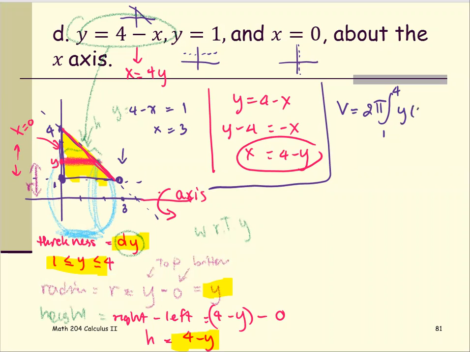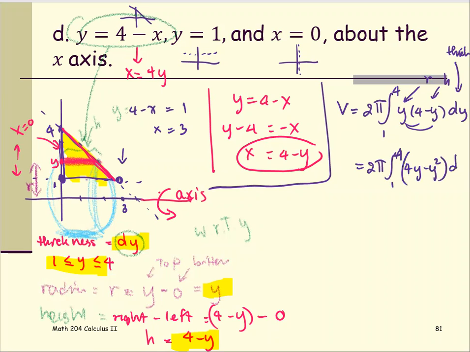The height is 4 minus y. The thickness is dy. So that is the radius, that's the height, and that's the thickness. Or 2 pi integral from 1 to 4. Distribute y into 4 minus y to be 4y minus y squared with respect to y.